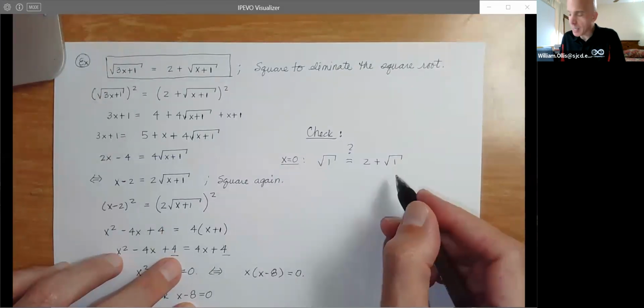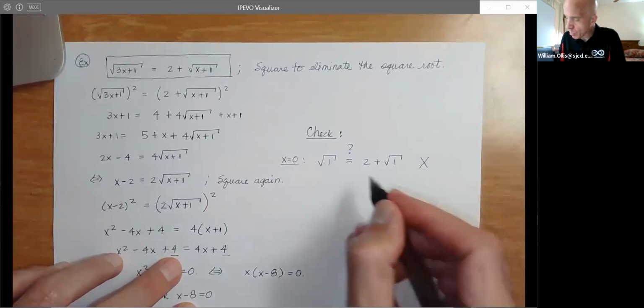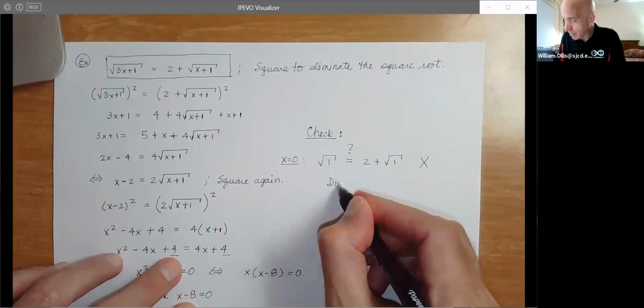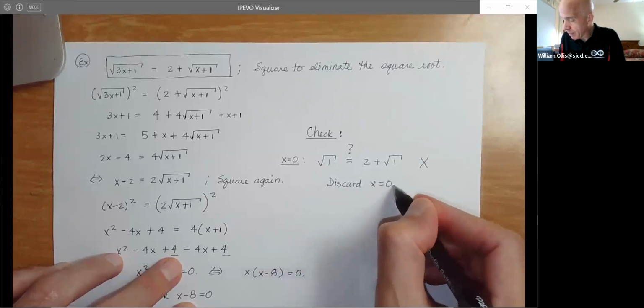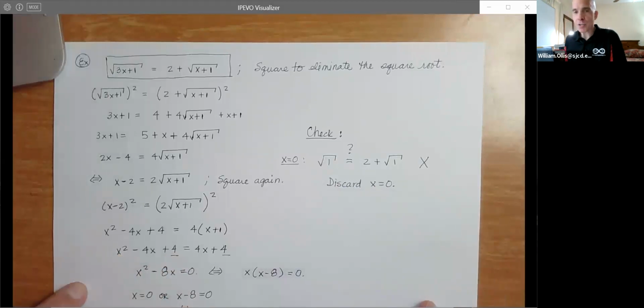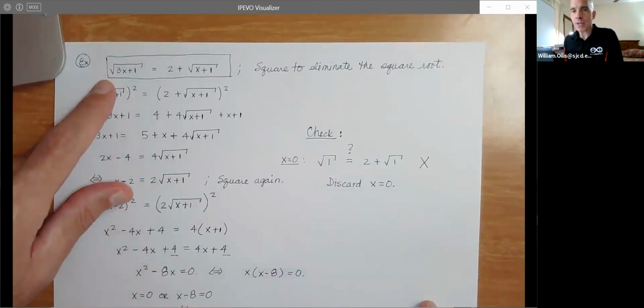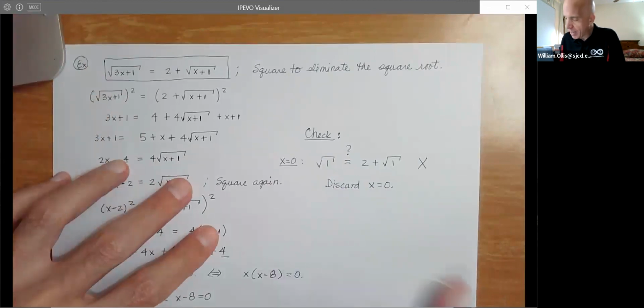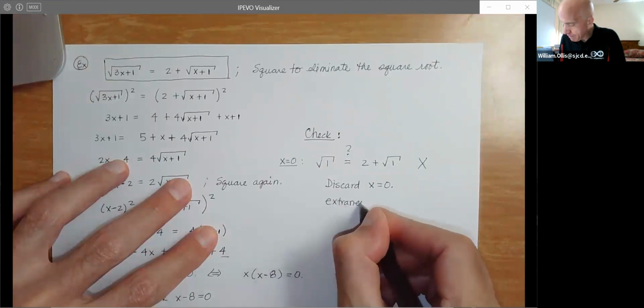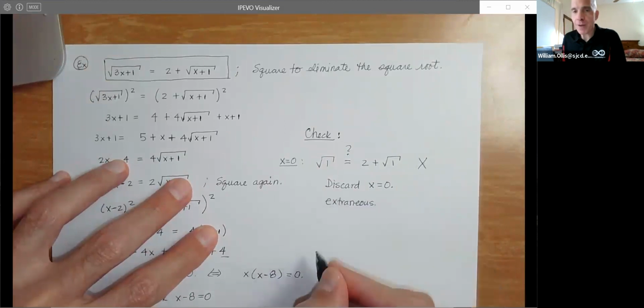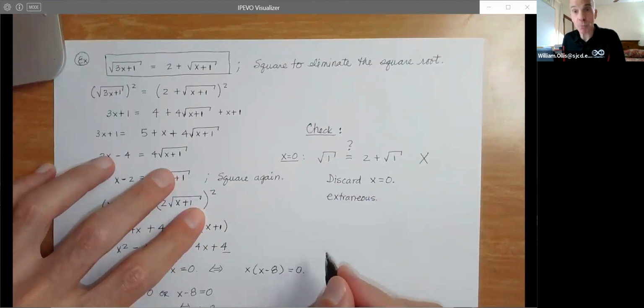I mean, 1 doesn't equal 3, so that's no good. So we discard x equals 0. The idea is that our process generated a value for x that does not solve the original. So that's what we call extraneous. I guess you can give a fancy name to everything, but it won't work.